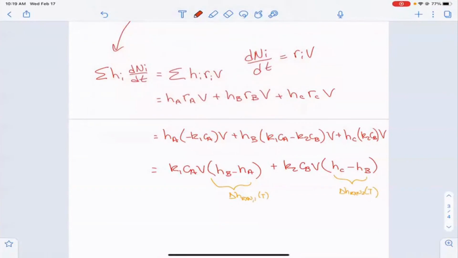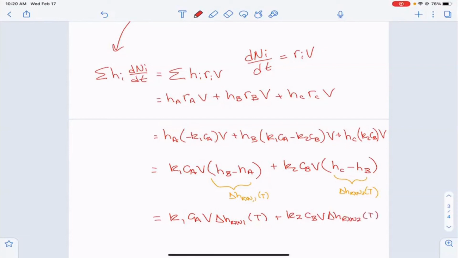And so we get an expression that's just equal to K1 times CA V times delta H of reaction 1 plus K2 times CB, not CA, times V times delta H for reaction 2.